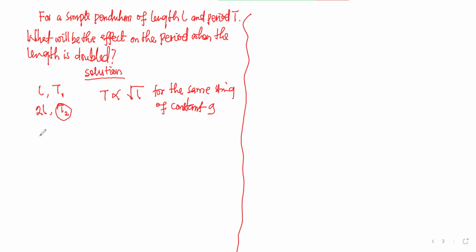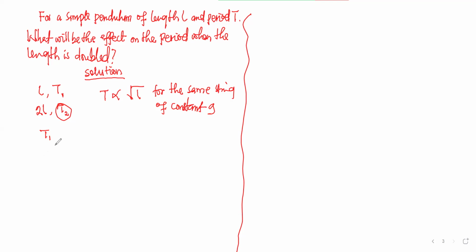So if T is directly proportional to this, then T1, Jojo, I said I got root of 2T, not double of T.